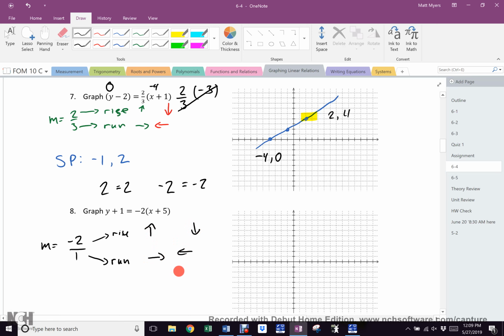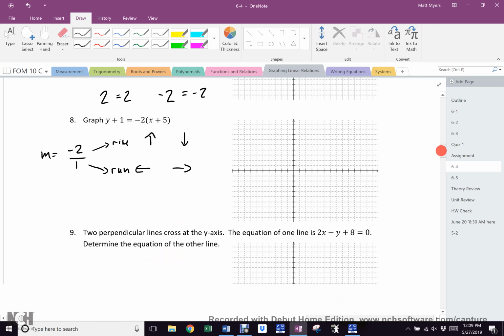Up and left, or down and right. Remember how I told you we'd do 3 days of slopes so you would really understand it? We're still having some trouble with it, right? What is my starting point?